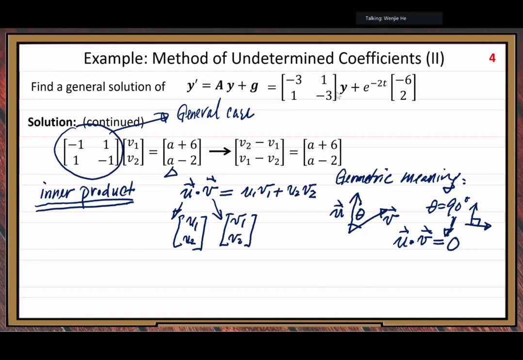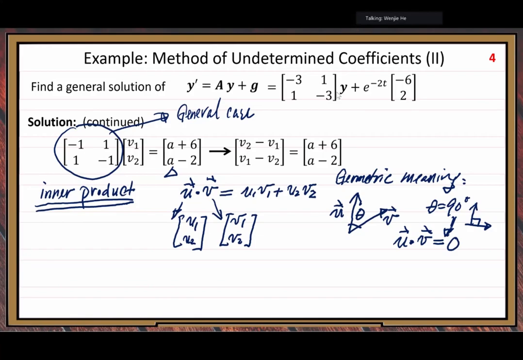For a current vector, we want to find another vector that is perpendicular to it. Perpendicular, because the inner product is 0.